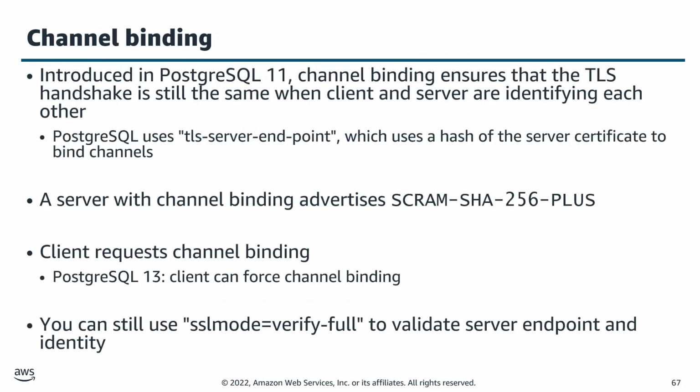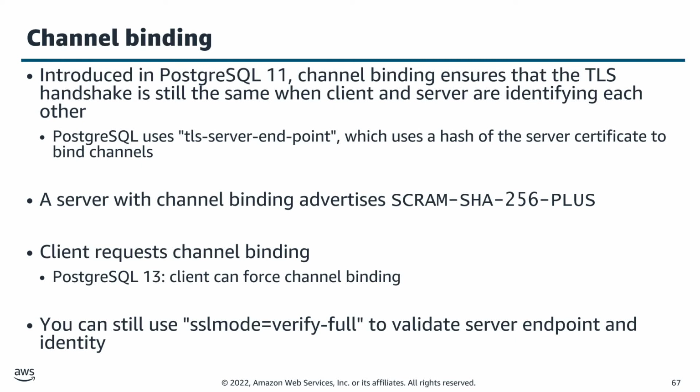TLS verify full is actually a very good way of doing it, but Postgres 11 adds something called channel binding, which is another RFC that defines how you know that when you've made a connection over the network, you're still connected to the same instance. Essentially, this uses information that's available in the TLS handshake that gets passed into Postgres, from the handshake layer.